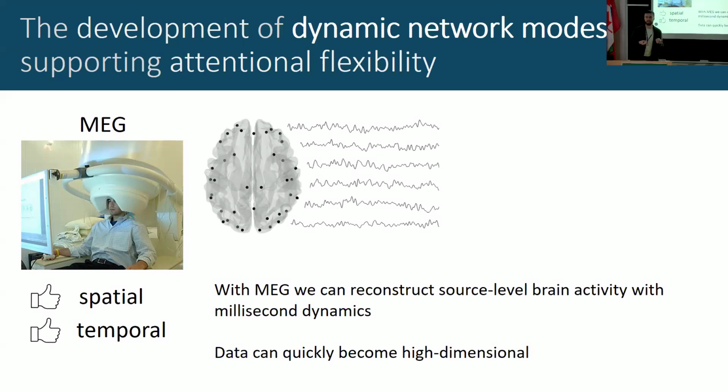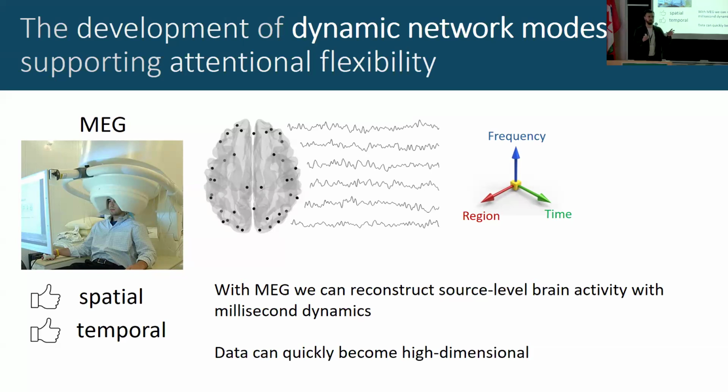The issue is that the data can become very high dimensional very fast. So we generally care about three primary dimensions. We have region: we can sample any region in the brain as densely as we want. We have frequency: do we care about 1 Hertz oscillations, 100 Hertz oscillations, or something in between? And then we have time, of course.